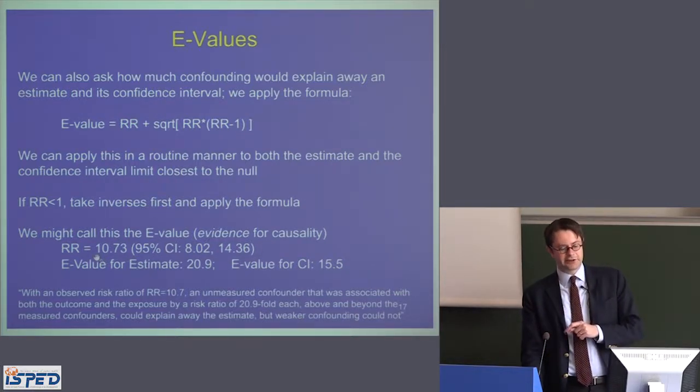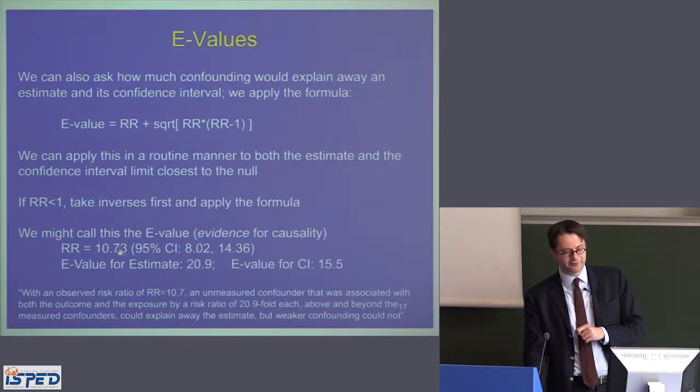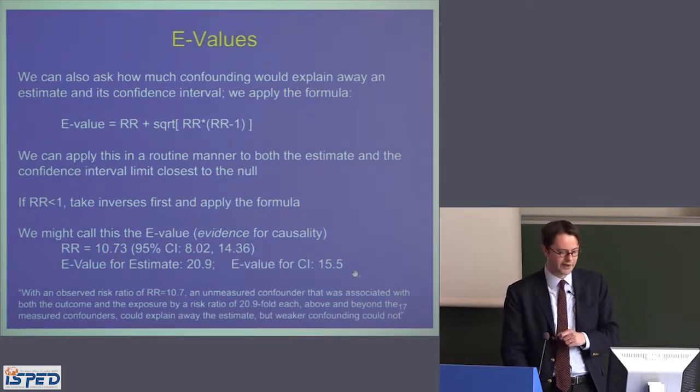So if we apply it to the smoking lung cancer example, risk ratio of 10.7, 10.7 plus the square root of 10.7 times 10.7 minus 1, what we get out is that the e-value for the estimate is 20.9. If we apply it to the limit of the confidence interval closest to the null, 8 plus the square root of 8 times 7, we get an e-value for the confidence interval of 15.5.